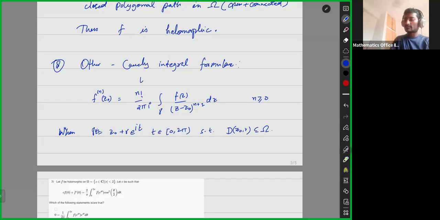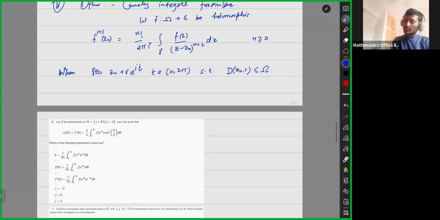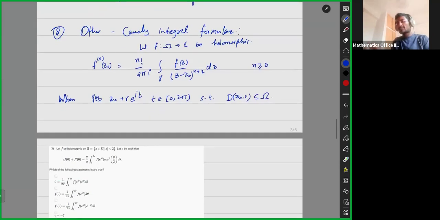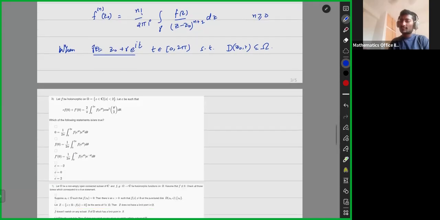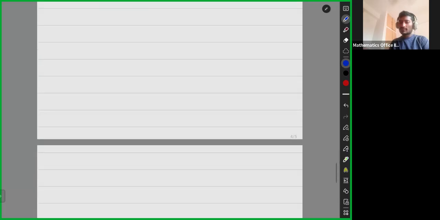Let f from omega to C be holomorphic. Then we can calculate all the derivatives at any point in terms of integrals, right? Here also again I'm saying that not only this circle, we can take any closed curve gamma which is surrounding z naught and is homotopic to this circle. Okay, so now coming to our problem.